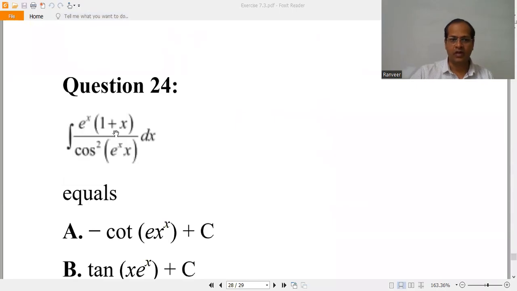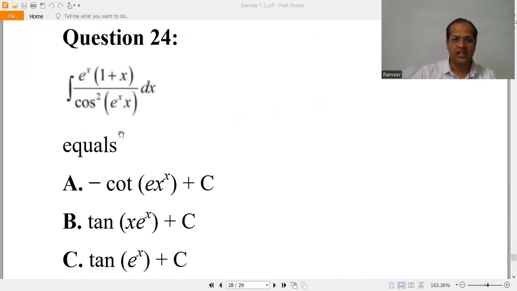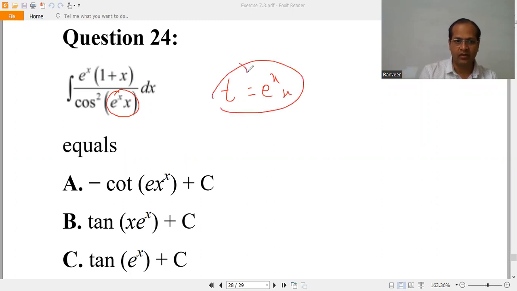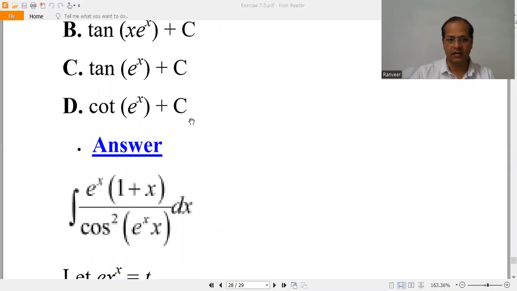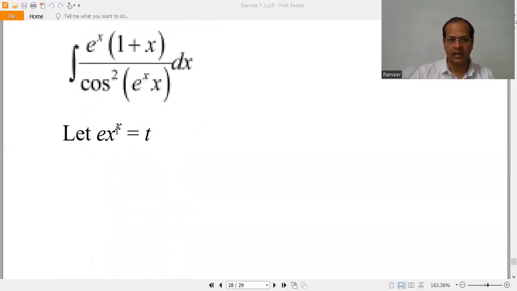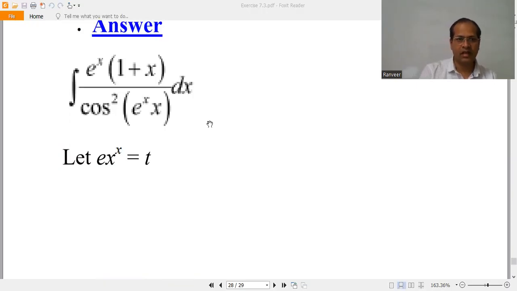e to the power x into (1 plus x). Now if you see carefully, take t as e to the power x into x, then the differential of this is in the numerator. That is the main important thing. So we take e to the power x into x equal to t.